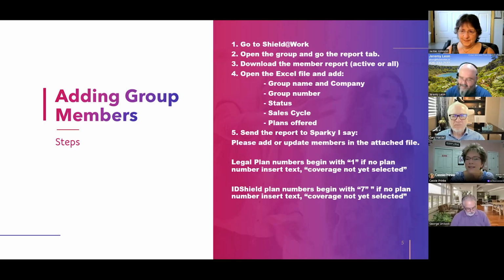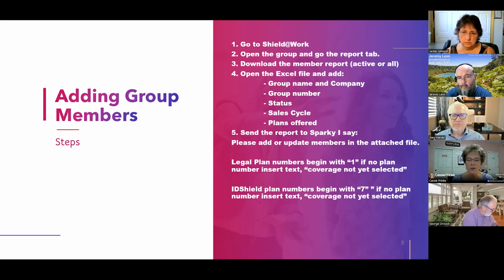Okay, sounds good. So once I have downloaded that file, of course, you can open that up as an Excel file. And what I add to that Excel file is the name of the group, because when you go into Shield at Work, you're in the group, so it doesn't give you the group name or the group number, because that's the group that you're downloading.